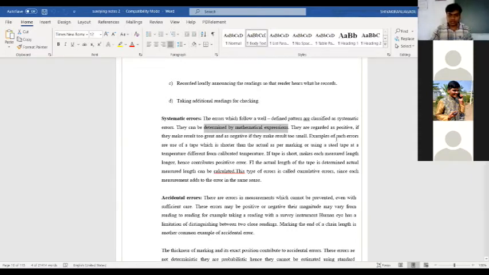That is what is written here. Positive, if they make the result too great, and if you take negative, meaning the lesser length, it makes the length too small. Okay, so that is the example for that.